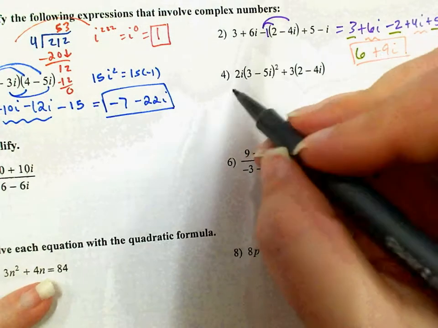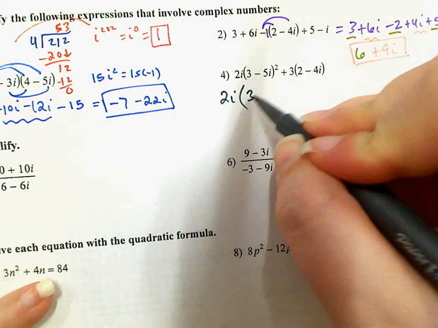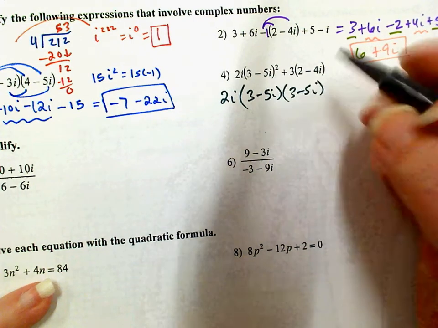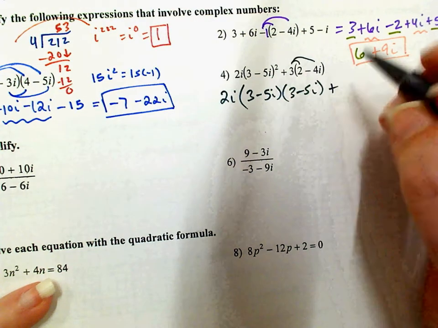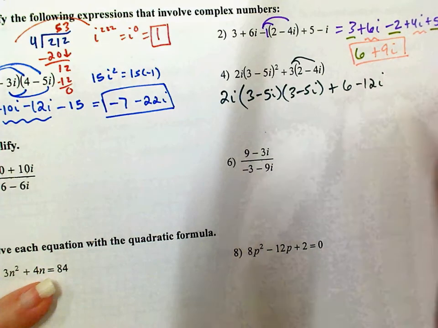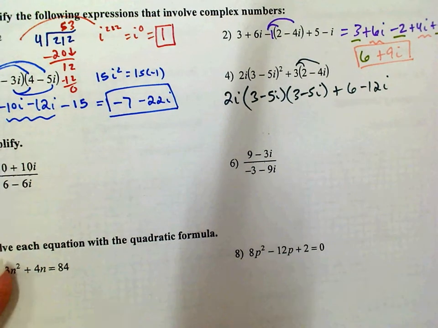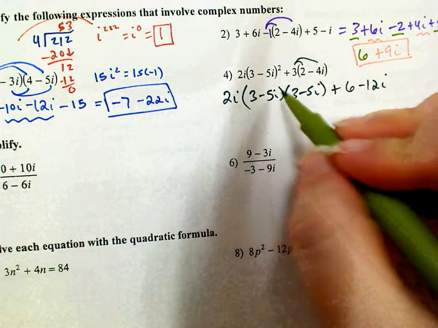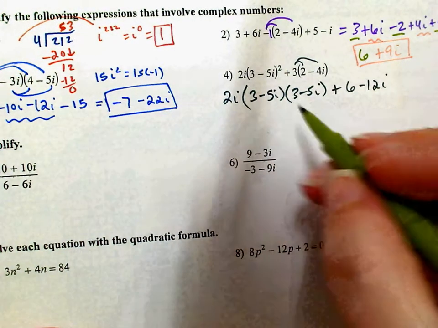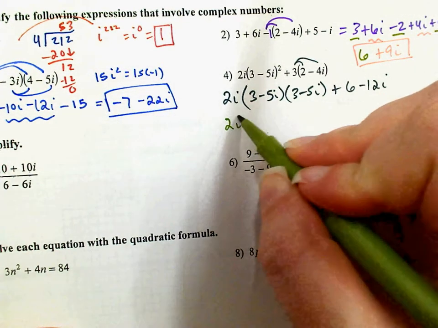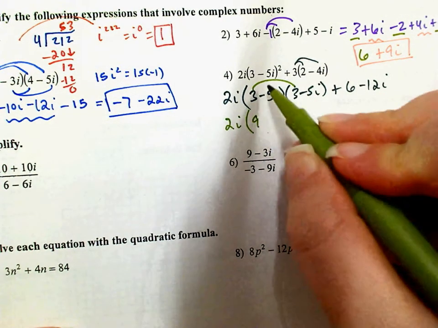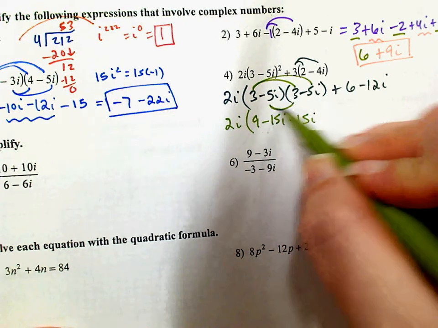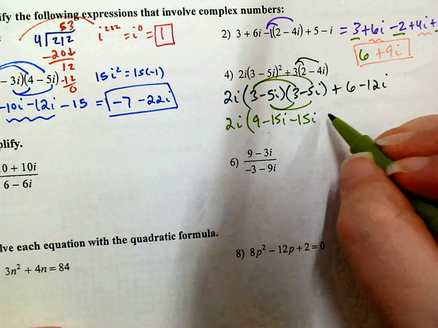So it is 2i times 3 minus 5i times 3 minus 5i, which is what it means to square something. And then plus, we'll go ahead and distribute. 6 minus 12i. Okay, you can distribute the 2i to one of the terms before you multiply, but it's just however you want to do it. So you could distribute 2i to this and then multiply them, or you can multiply these out and then distribute 2i, which is what I'm going to do. We've got 9 minus 15i minus 15i, positive 25i squared, which makes it a negative 25.